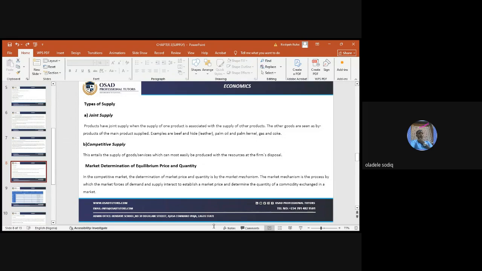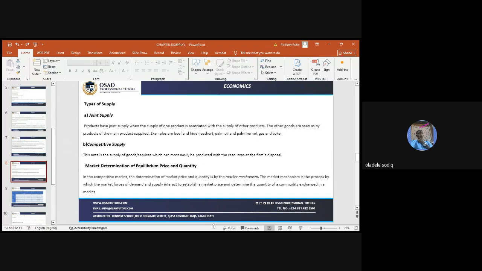In a situation whereby we have many suppliers, a monopoly system, it means they can be easily produced. If you don't get it from A, you can easily get it from B. If you don't get it from C, you can easily get it from D. That is what I'm trying to say. You can easily have access to it. If this one does not have it, you can have access to it from another person. That is competitive supply.